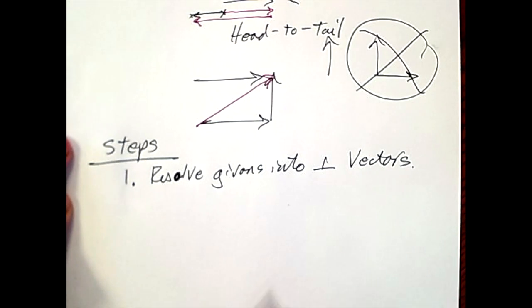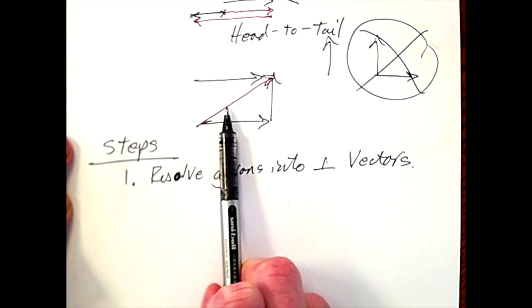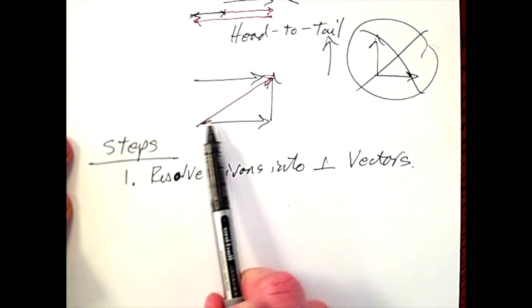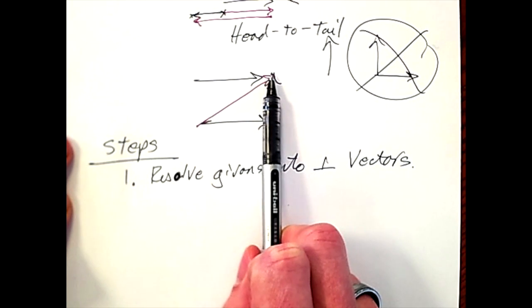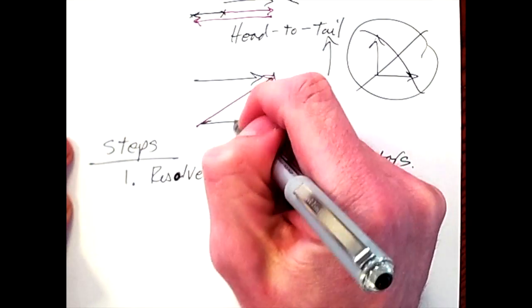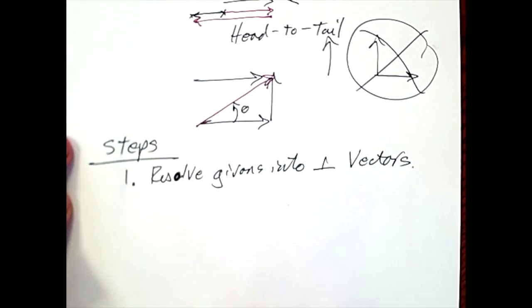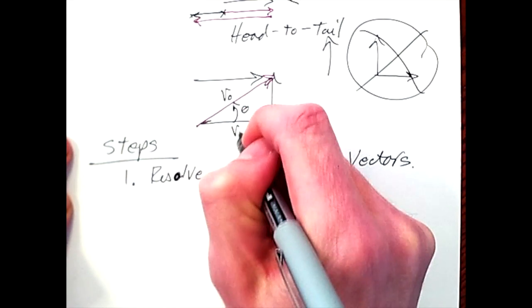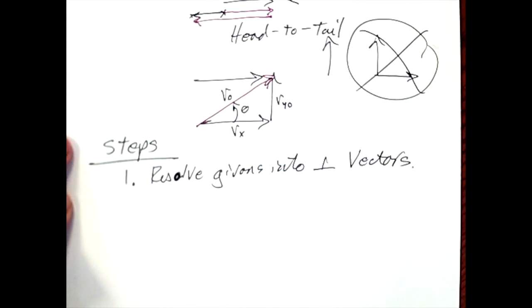This process we've done before, and this is essentially this process right here backwards. We did this with projectiles, where this was my initial V naught at some angle theta. I use this V naught and theta and my trig functions in order to find Vx naught and Vy naught.